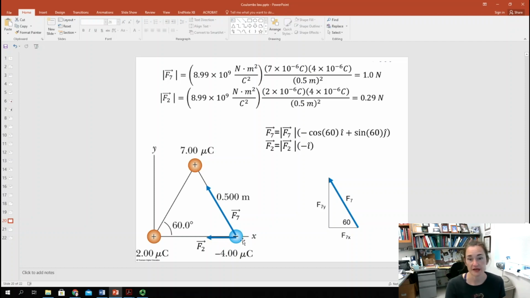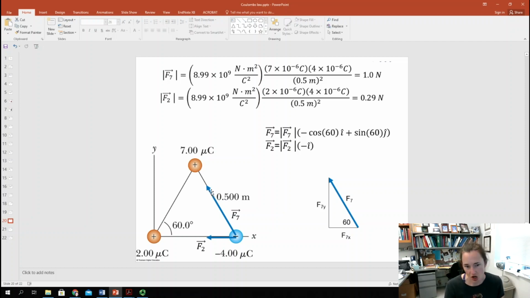Next, there's going to be an attractive force between the negative charge at the bottom right and the positive charge up here at the top of the triangle. I've labeled that F7, and I've drawn it along the line connecting those two, center to center, from the negative charge towards the positive charge.